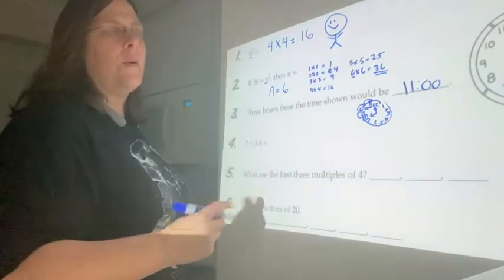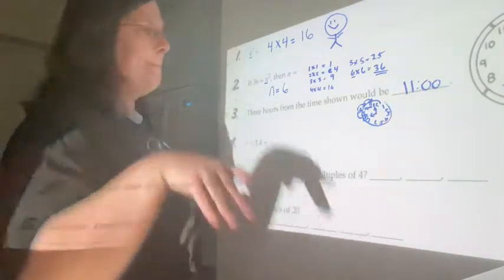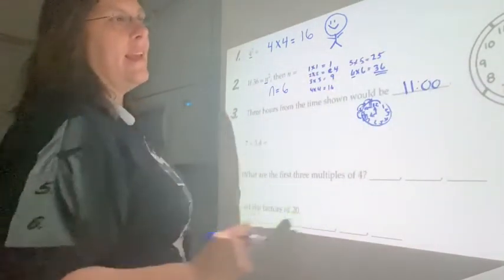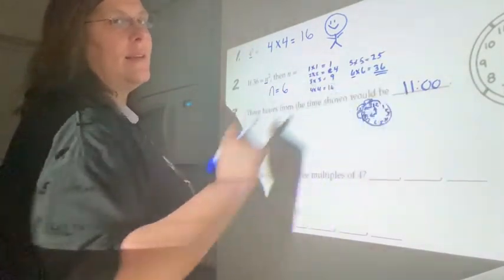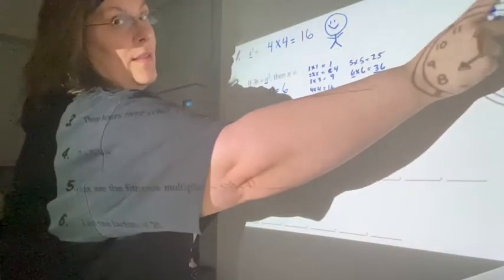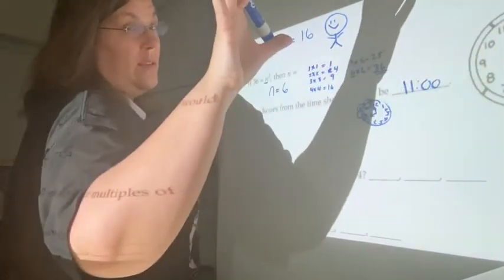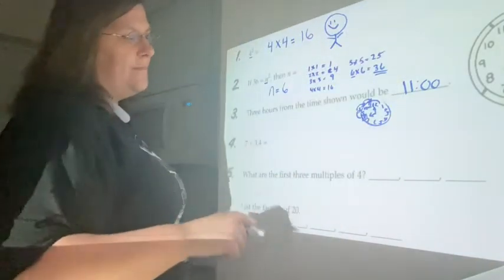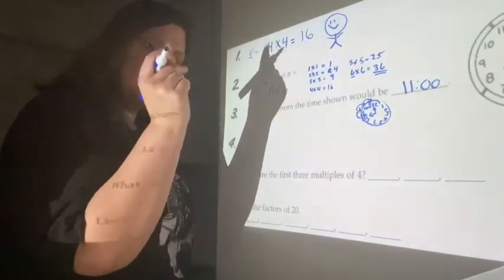There you go. That's right. 8 o'clock, 3 hours later is 11. We will eventually get to the point where we're going to cross the noon thing, and then it gets a little weird, but we'll figure it out. Don't stress. Take steps one at a time.